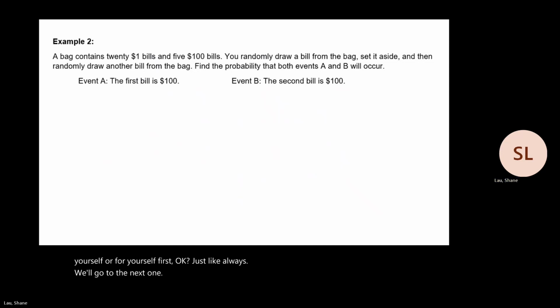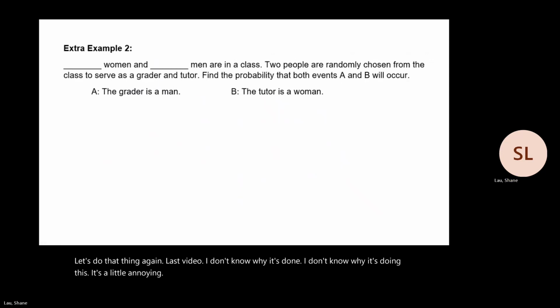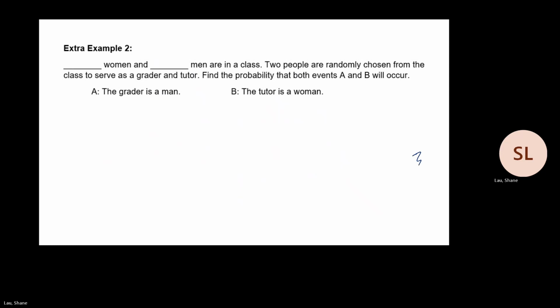It's doing that thing again. In the last video, I don't know why it's doing this. It's a little annoying. Let's see. Fix it. It would appear I cannot fix it, and this is quite agitating.